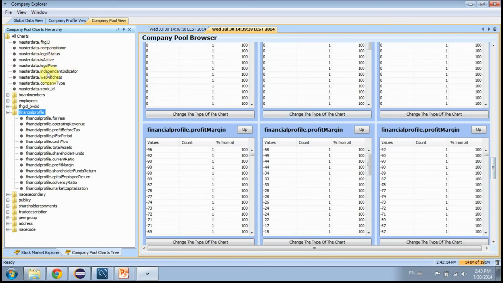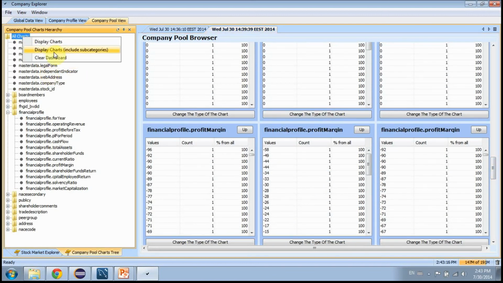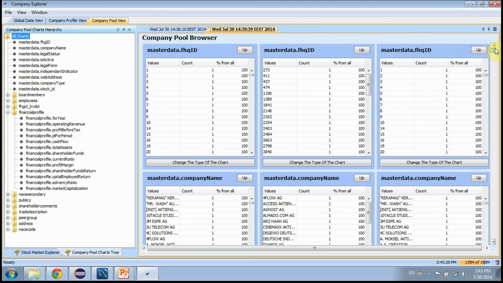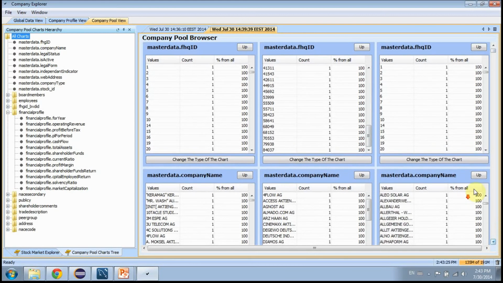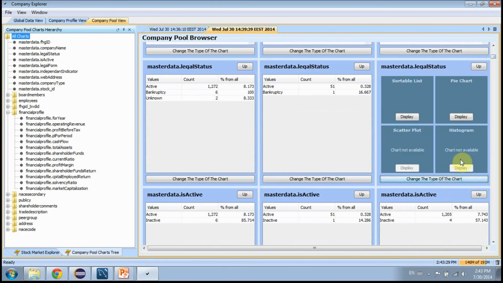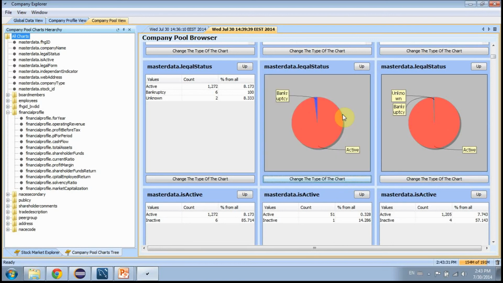Let's see this independent indicator. Company name, the legal status. Alright, we have a lot of companies in bankruptcy here.